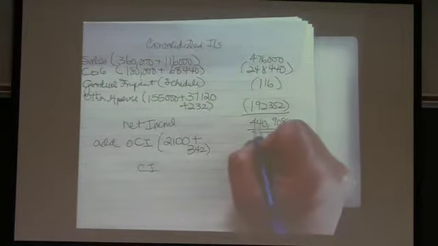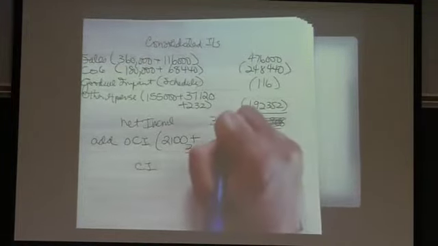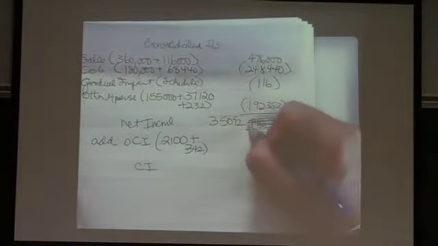So the net income is not 440. Sorry, it's 35,092 because that was the total expenses. Okay.